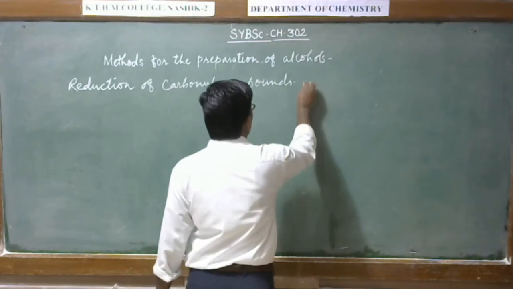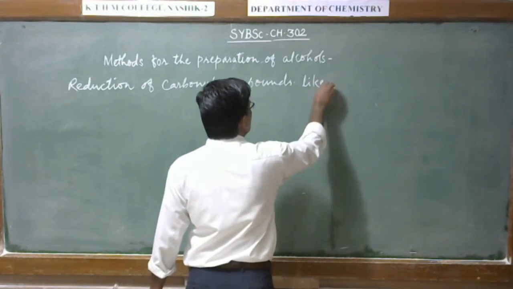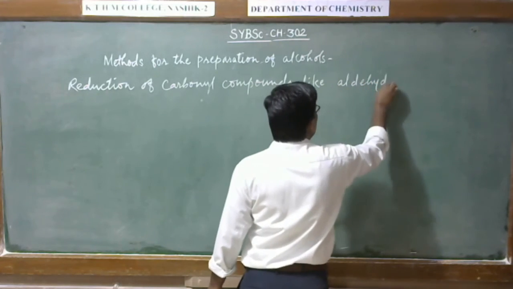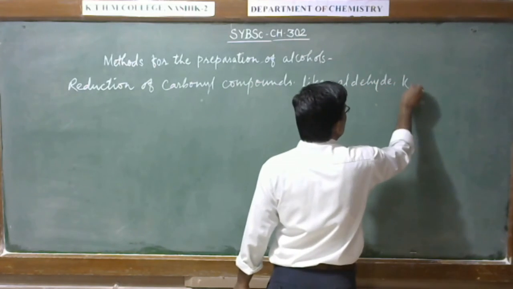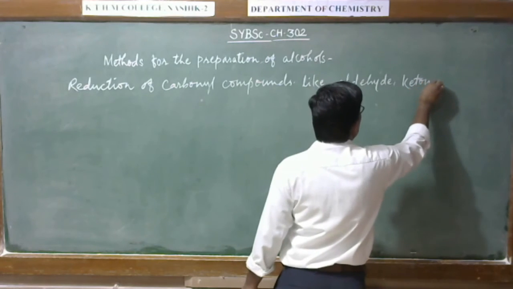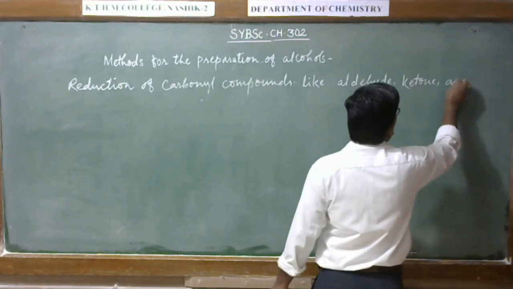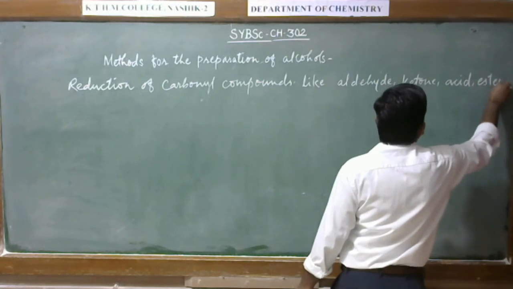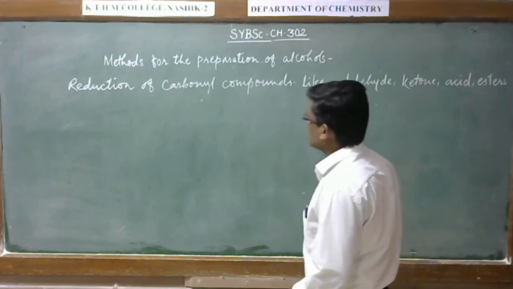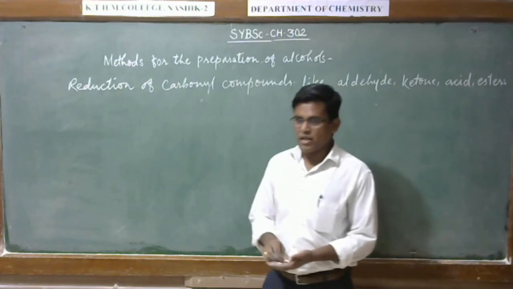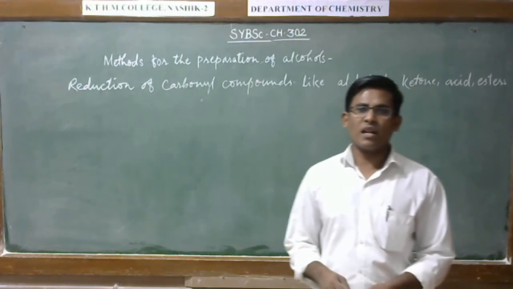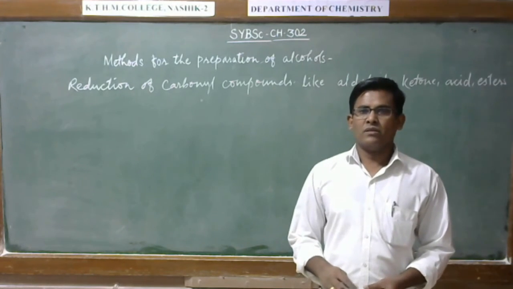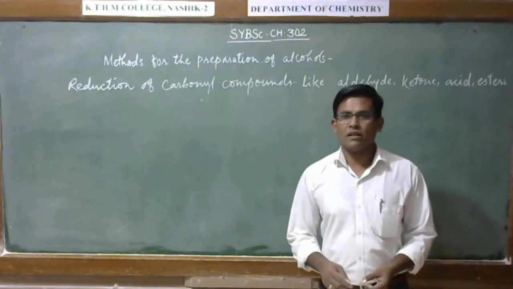Carbonyl compounds like aldehyde, ketone, acid, esters, okay, etc. So there are various reducing reagents like lithium aluminum hydride, sodium borohydride, NaHg in H2O.